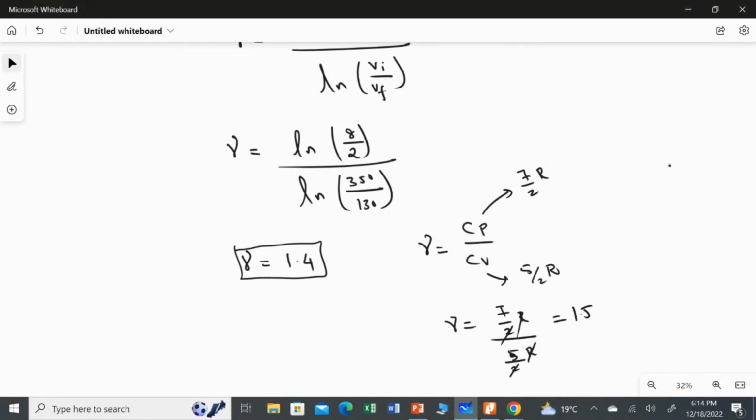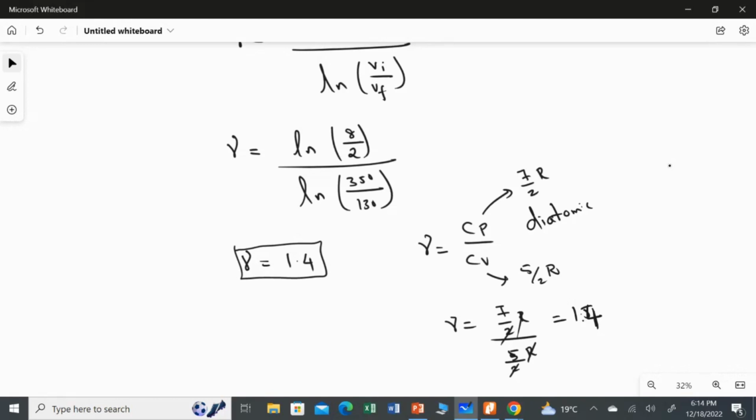That means we used the Cp and Cv of a diatomic molecule. So we got 1.4 here, and here also we got 1.4.